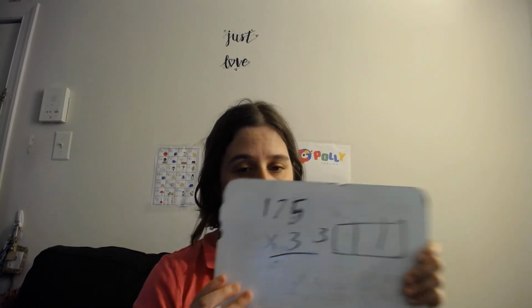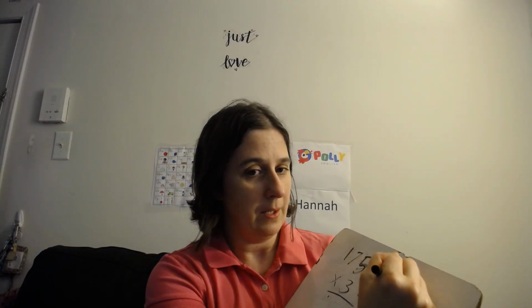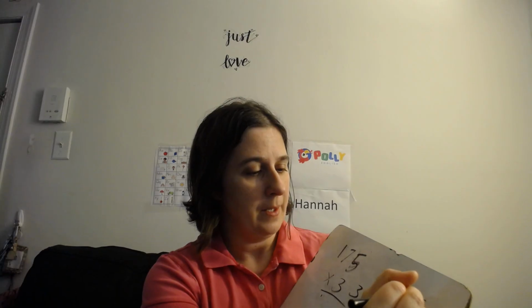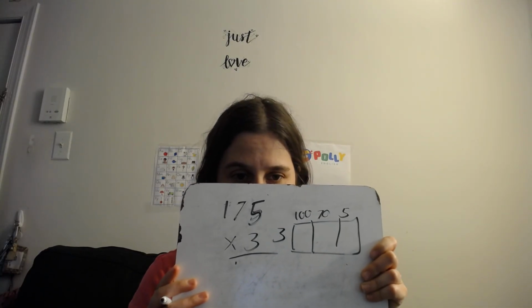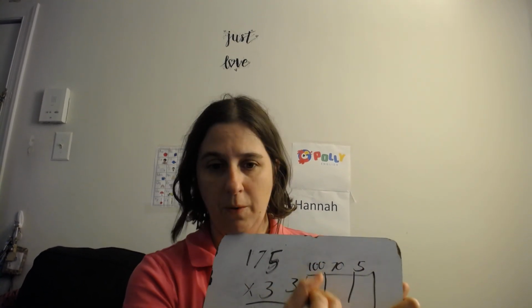I'm going to set up my area model again. I'm going to break this down to its expanded form. So I'm going to need 100, a 70, and a 5. And then 3.